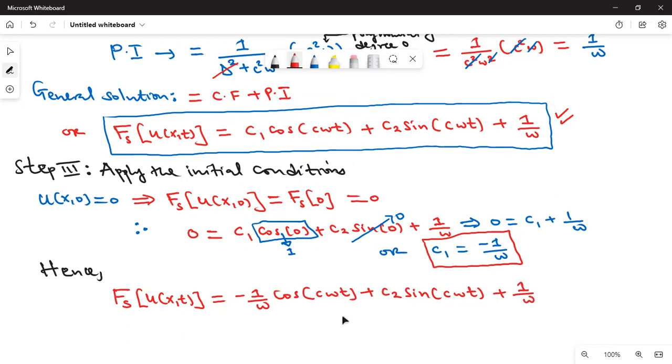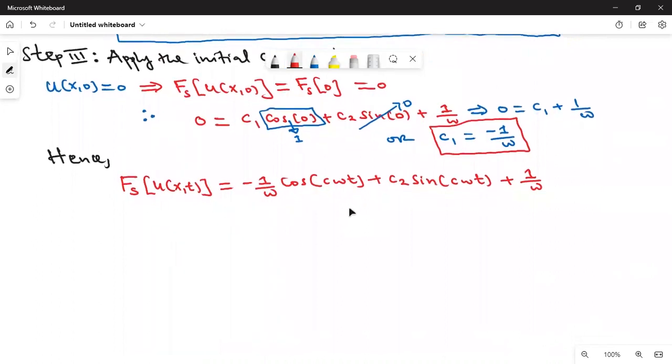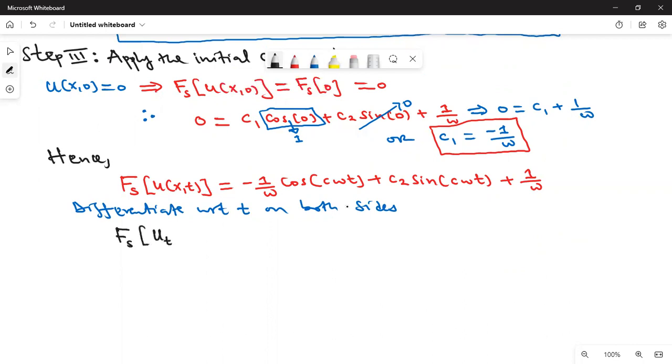There's another initial condition to be applied, the derivative of u with respect to t. So let me differentiate this. We are going to differentiate with respect to t on both sides. So what are you going to get? When you differentiate, you're going to get the Fourier Sine Transform of u subscript t of x,t.